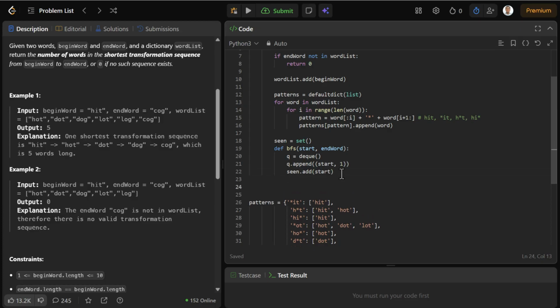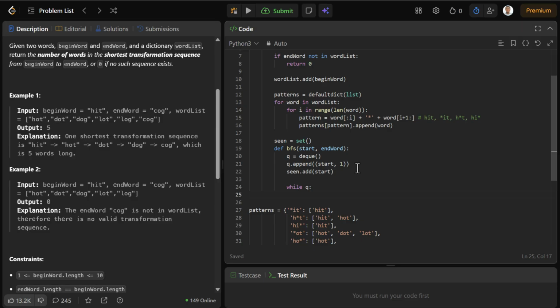Now, for BFS, we want to start processing things. Let's start processing our nodes, since we already added the first node, which is the starting node. While we have a queue, we want to process the first node, which is going to be popleft.